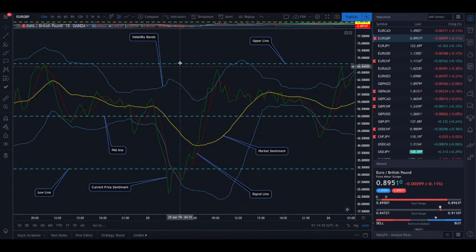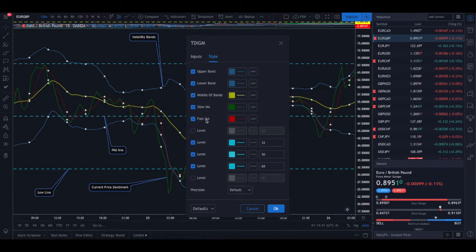Just make sure that the settings are 32, 50, and 68 for the lower, mid, and upper line. You can do those settings right here. You don't need these other levels here. I don't use the 80 and the 20 and all that stuff. I keep it pretty simple.